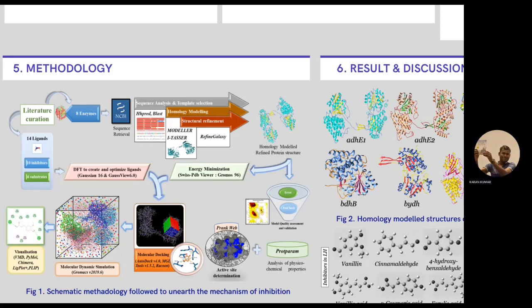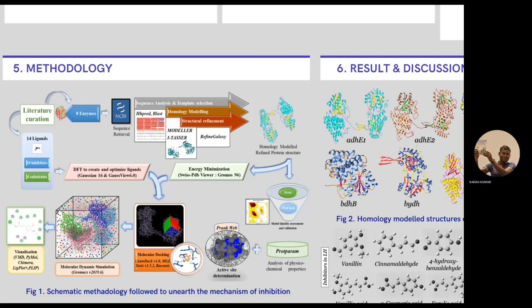In a parallel study, we also selected 4 representative substrates to compare the inhibition profile. So there were a total of 14 ligands and 8 enzymes. The sequences of these 8 enzymes were retrieved from the NCBI database. The analysis was performed and template selection was made based on BLAST analysis.